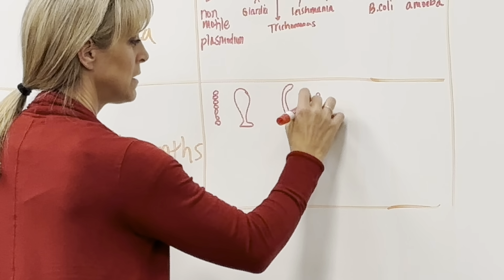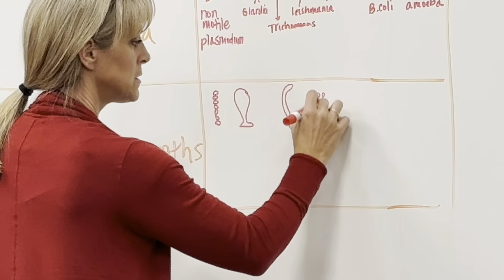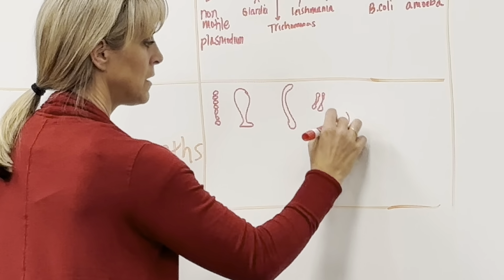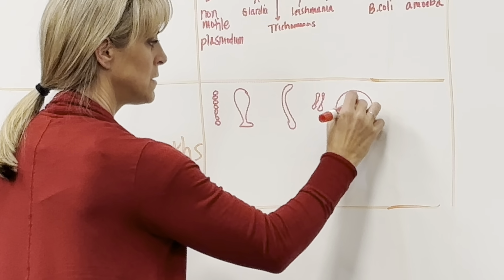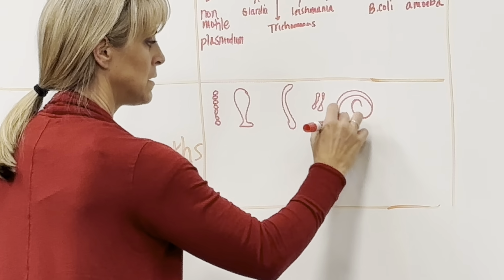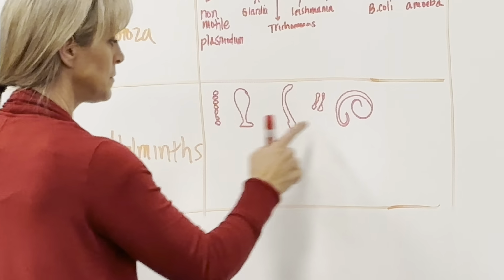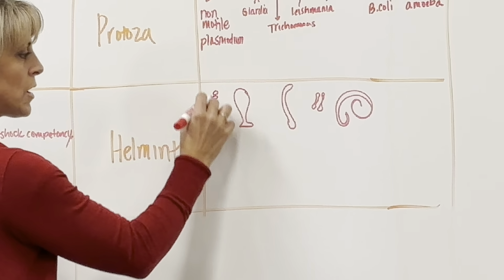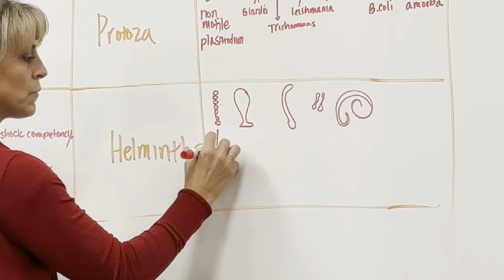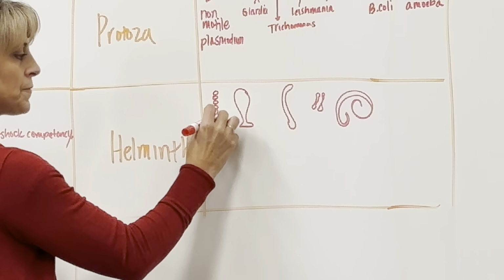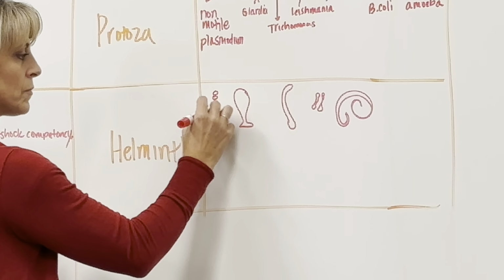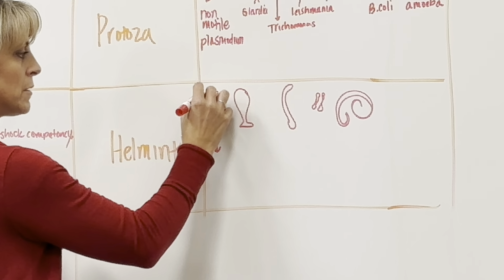Then we had these ones. We had this one. And then we had whipworm. Work with me. Which ones are these, with the proglottids? Anyone remember? Intestinal.